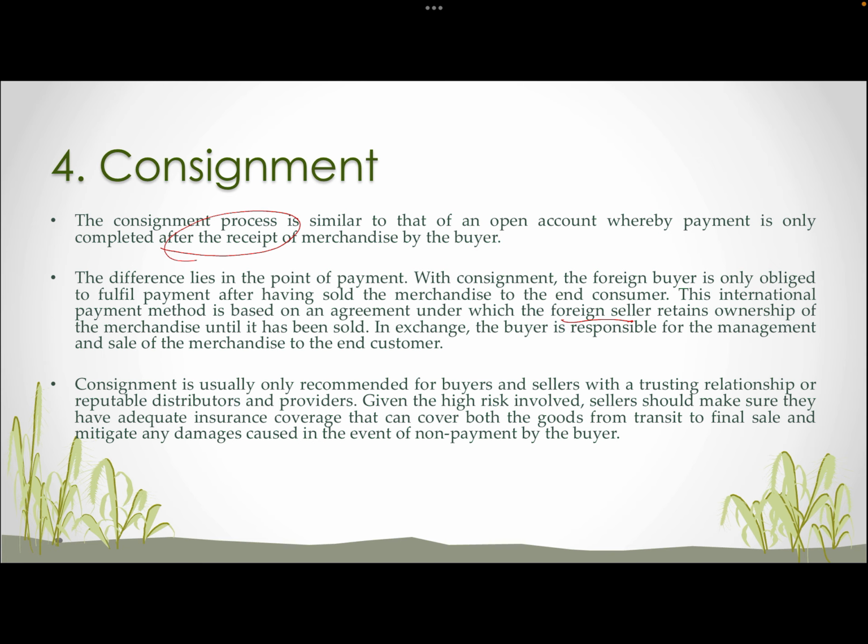Also, consignment is only recommended for buyer and seller with a trusting relationship or reputable distribution and providers. Given the high risk involved, sellers should make sure they have adequate insurance coverage that can cover the goods from the transit to the final sale and mitigate any damages caused in the event of non-payment by the buyer.